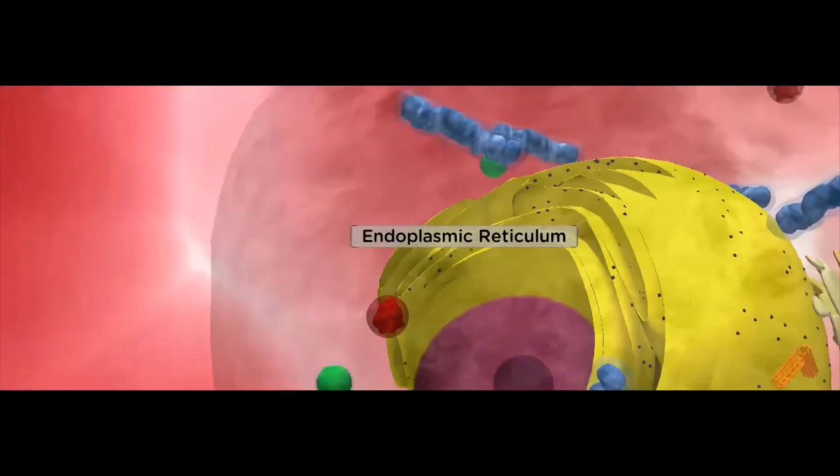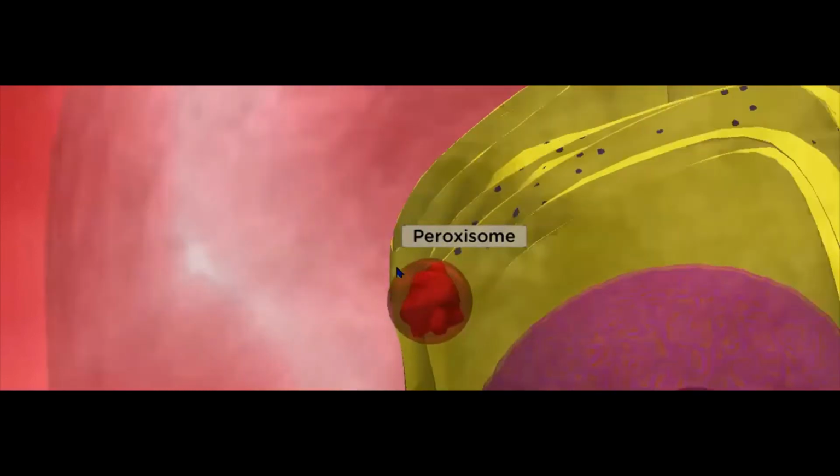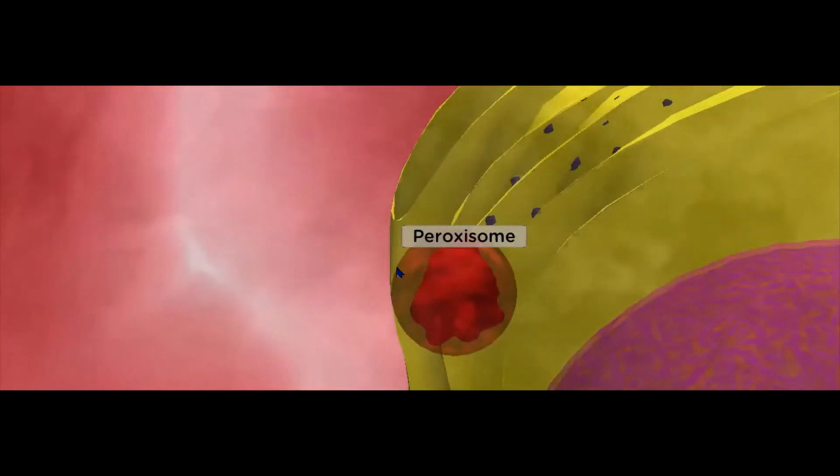Then comes our peroxisome. Peroxisomes are small structures surrounded by a membrane. They contain many different types of enzymes used by the cell to produce energy. Do you know there are up to 50 different enzymes that are involved in the breaking down of harmful chemicals in the cell?